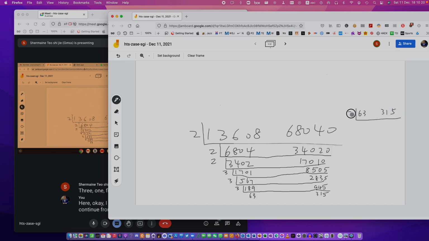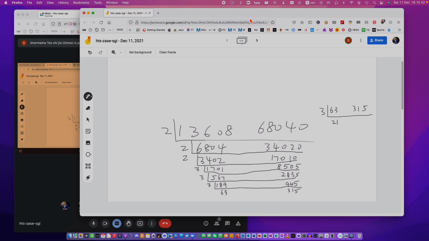So I guess another 3, you get 21, right? Then continue, 315 divided by 3, 105. Good. Divide by another 3, you get 7. Then this, 35. Good. I think you can put another 7. Then you get 1. You get 5.